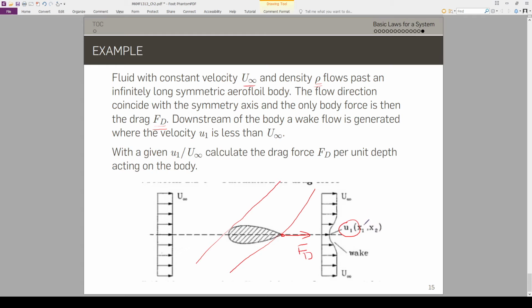X1 here refers to the x-axis, and x2 refers to the y-axis. Then, with a given ratio of the velocity between the outlet and inlet, we are asked to estimate the drag force per unit depth that is acting on the body.